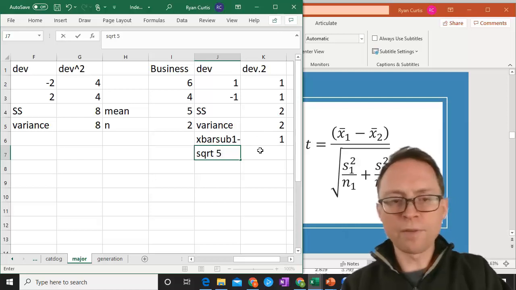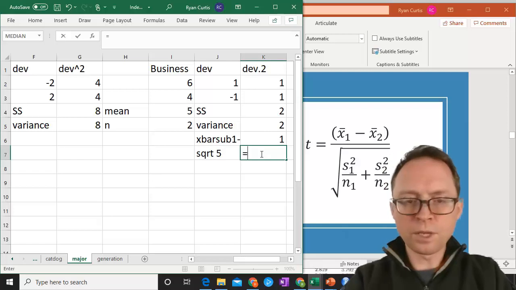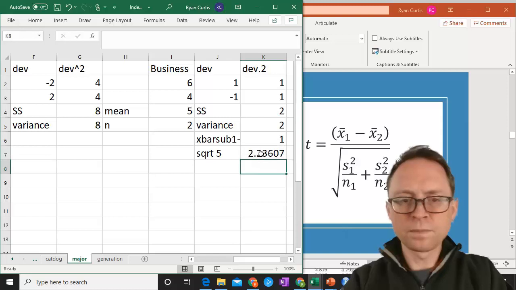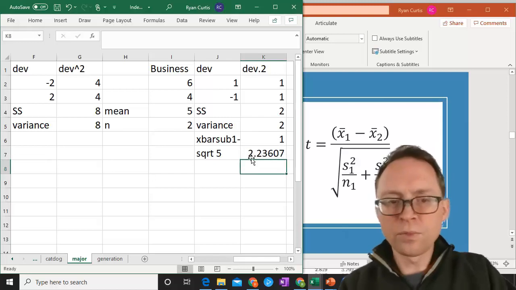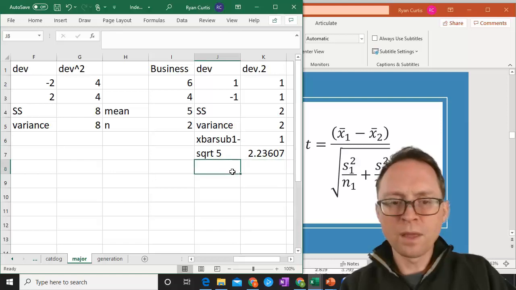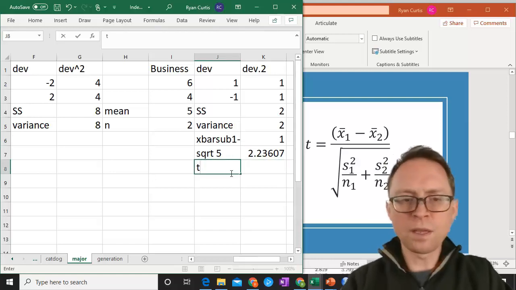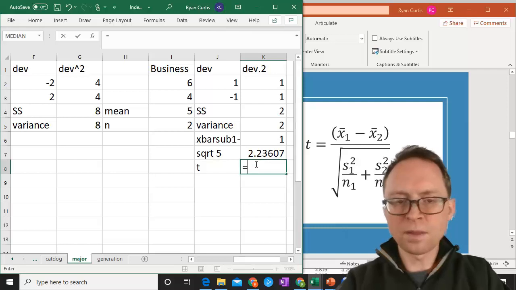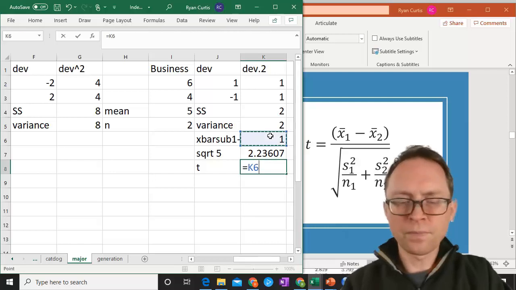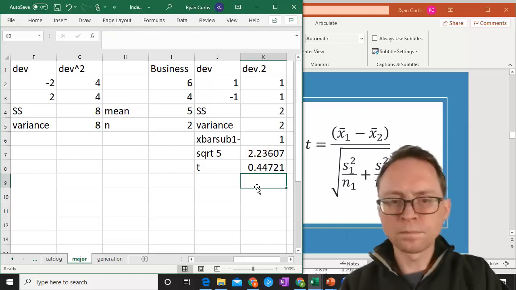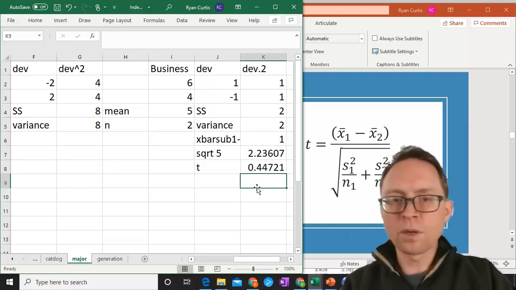So this is going to be square root of 5 that we're going to get. We take x bar sub 1 minus x bar sub 2 divided by that whole thing, and we get our t. T is 0.447.